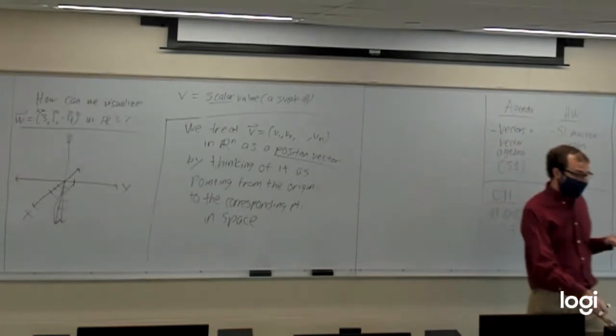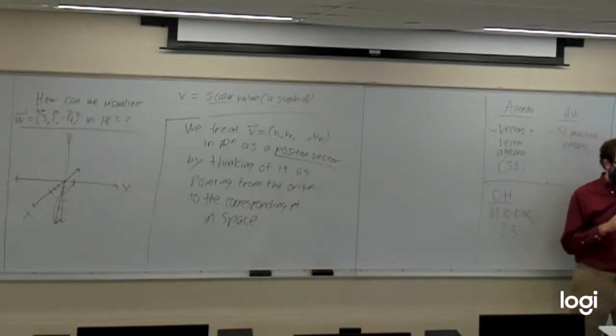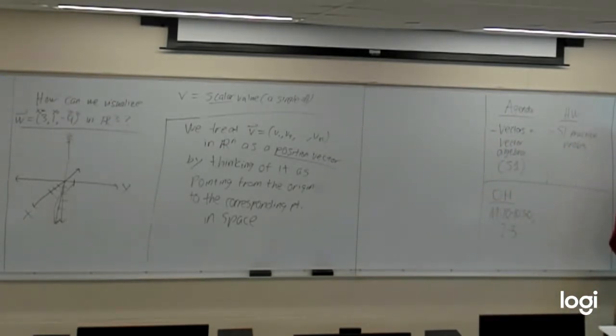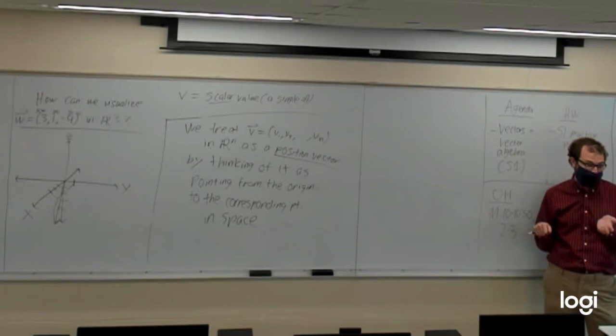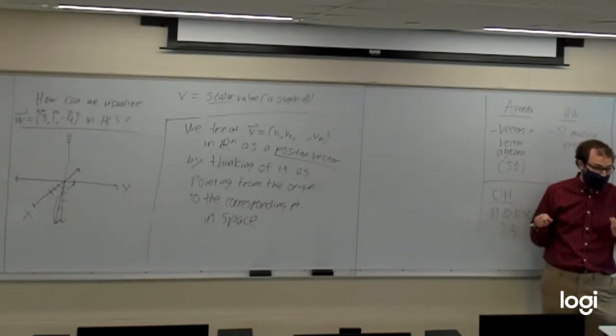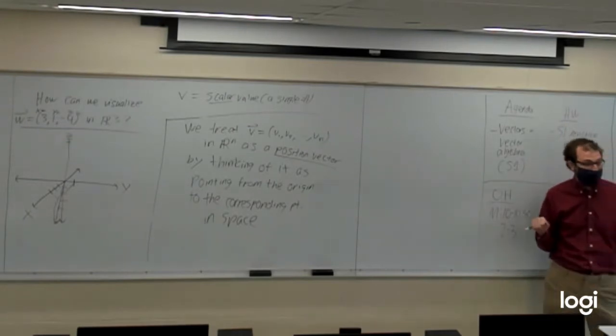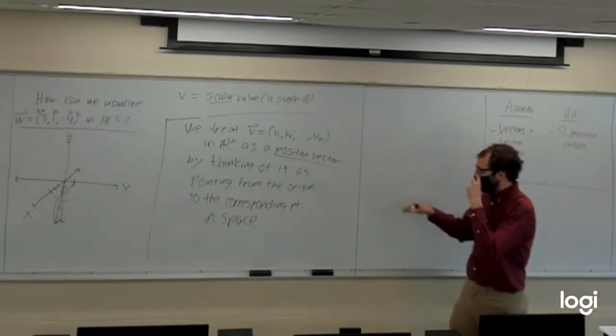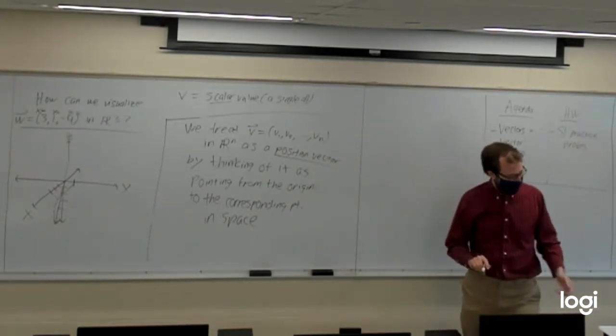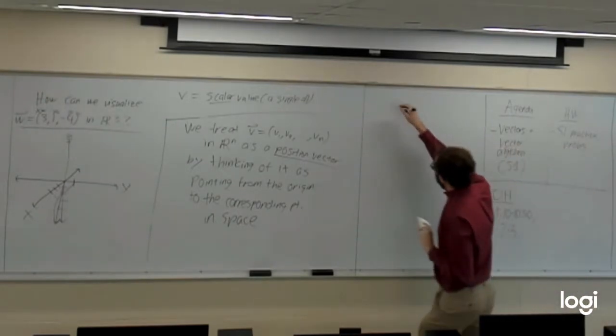So, how we looked at our last 2 vectors was treating them as position vectors. A vector, an arrow that starts at 0, 0, or in 3 dimensions at 0, 0, 0, and points to the point in 3 space with the same dimensions as your vector. So let's take a look at that.